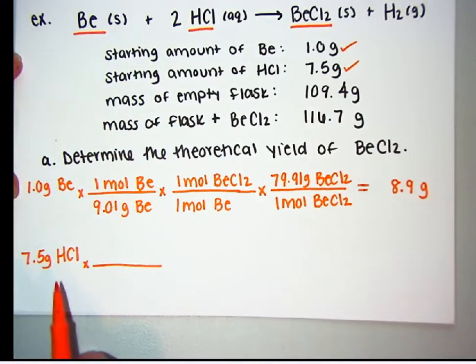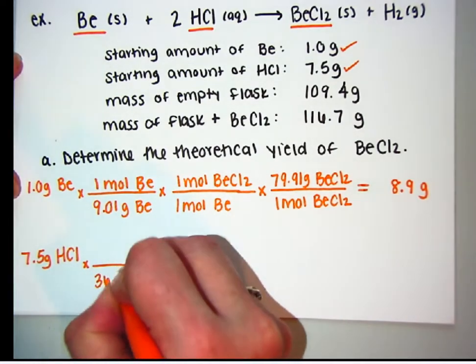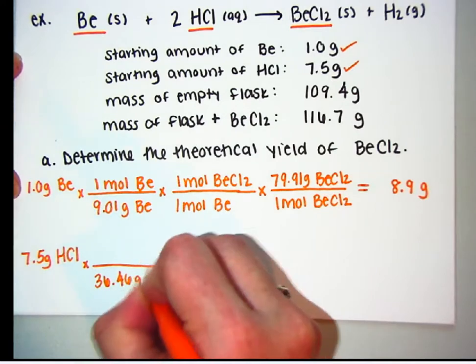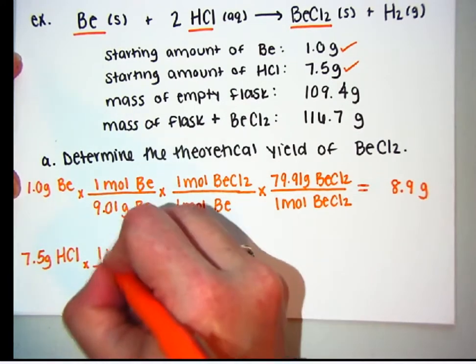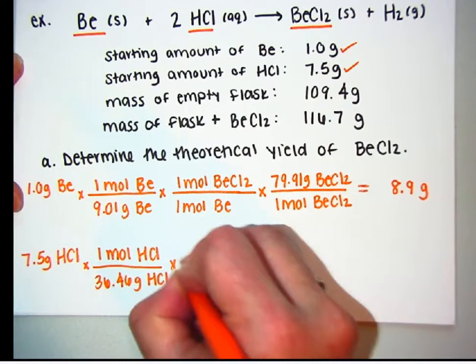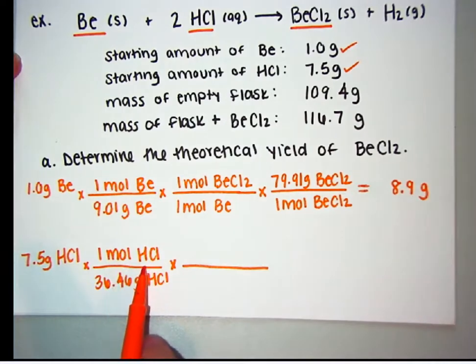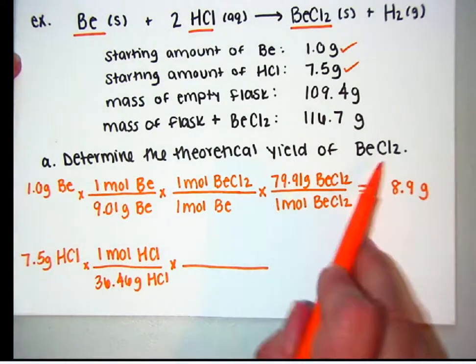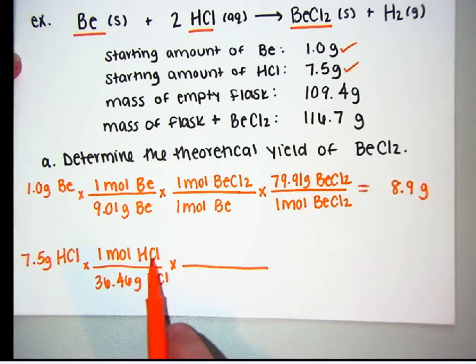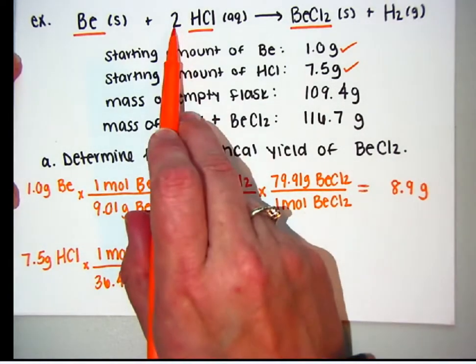If I'm starting with grams, the only thing I can do is plug in molar mass to get to moles. Now I'm at moles of hydrochloric acid, but I'm solving for the yield of beryllium chloride. I have one substance, I'm solving for a second substance, so I need the mole ratio.